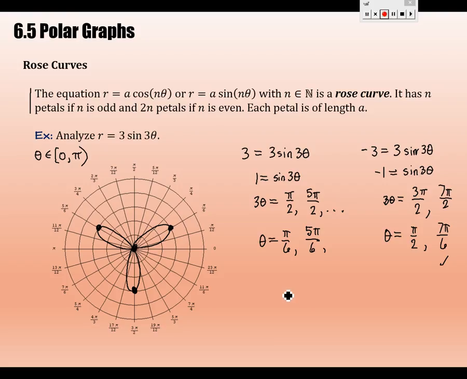Again, if you want to know when R is 0, you can actually figure it out. So tell me, when is R going to be 0?